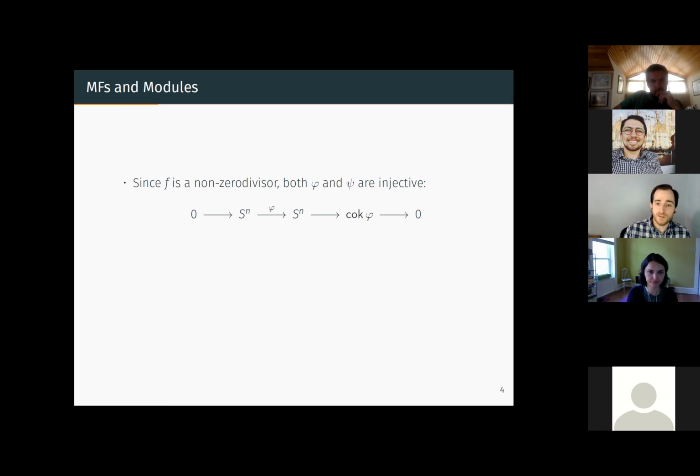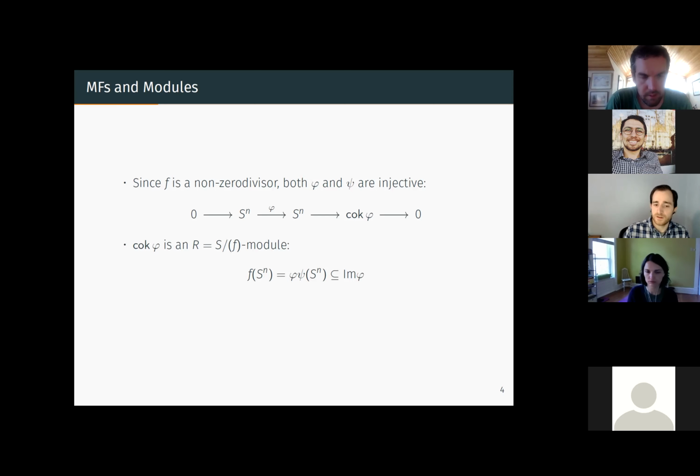So this is an S module. Why is it also an R module over the hypersurface? Well, F times anything in, I'm thinking of the middle term here. Well, F is phi times psi. And so F times anything in the middle term is in the image of phi. In particular, F is going to kill the co-kernel when you mod out by that image.